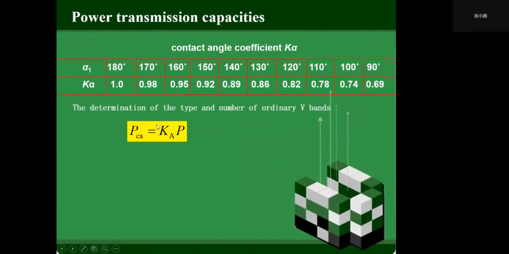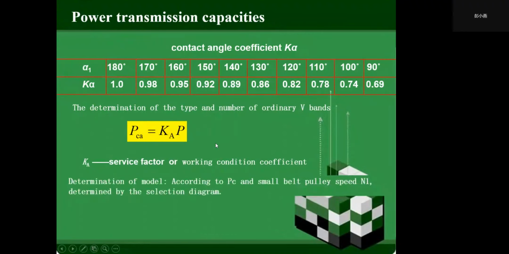And then the determination of the type and number of ordinary wave belt. We have PCA, the calculated power, is KA times P. KA is the service factor or working condition coefficient. And the determination of the model is according to PCA and the small belt pulley speed N1, and the selection diameter.